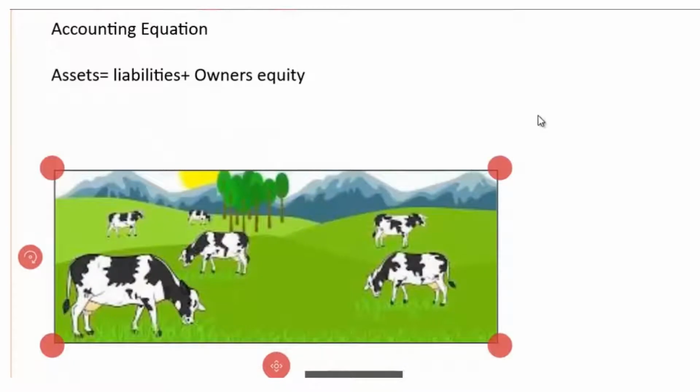So this farmer raised some cows, and the main thing that cows produce is milk, which would be that farmer's resource, right? Say he had the cows, he had the resources, and he wanted to sell it to the market. So he didn't have a lot of money or capital to start off.